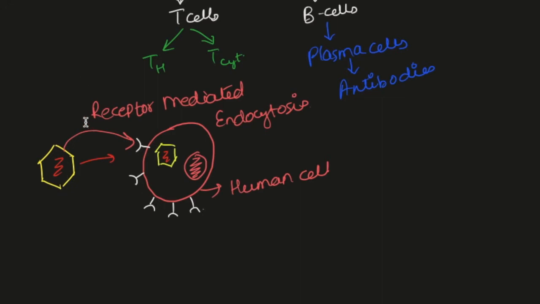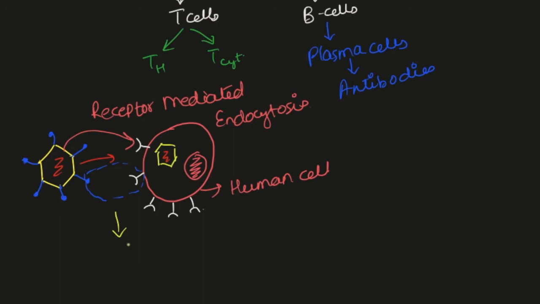Among this group of receptors, certain receptors act as an anchor to which the viral nucleoprotein or the viral envelope spike protein can get attached and form a complex.